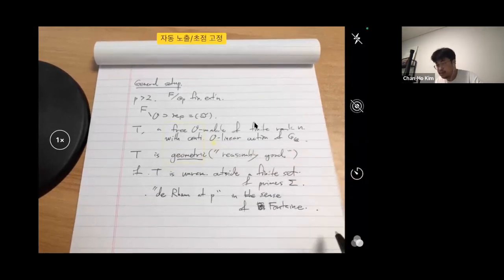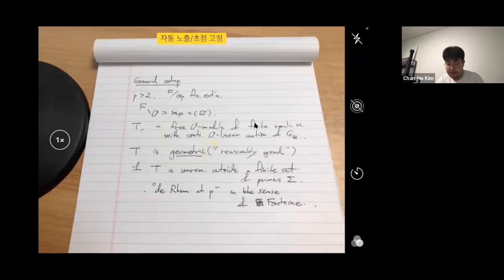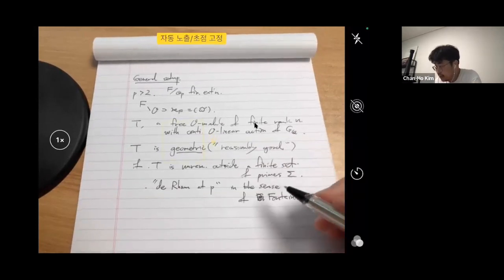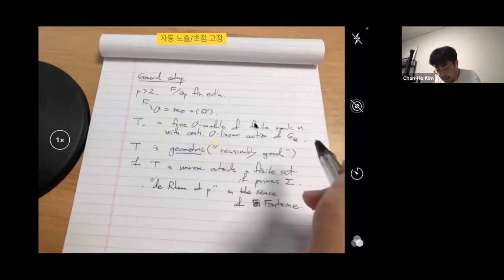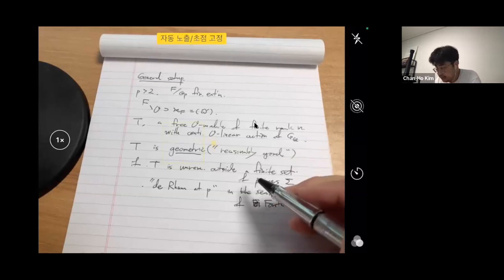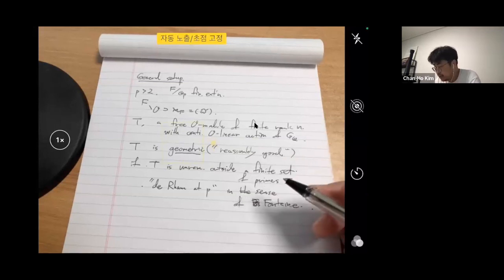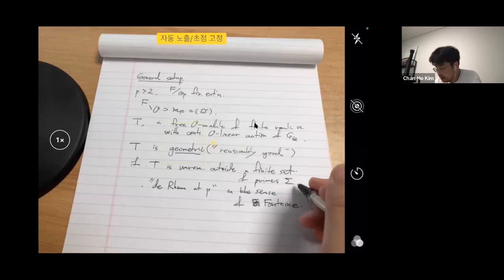So these are what we are interested in. Then the Galois representation following this linear action factors through the maximal extension of Q unramified outside Sigma.